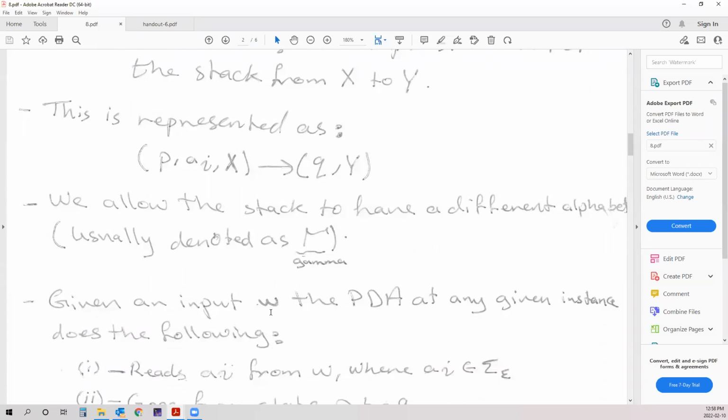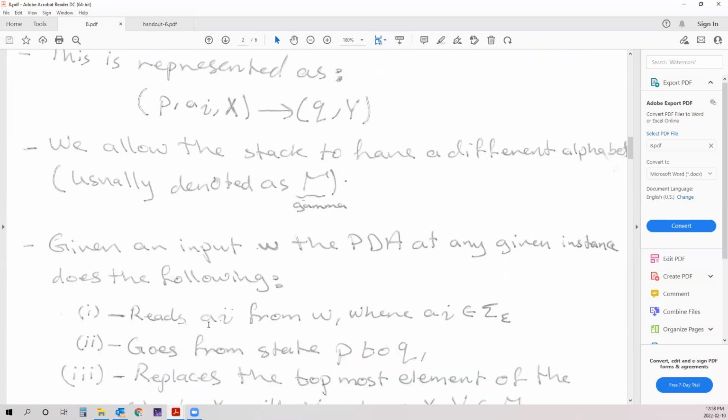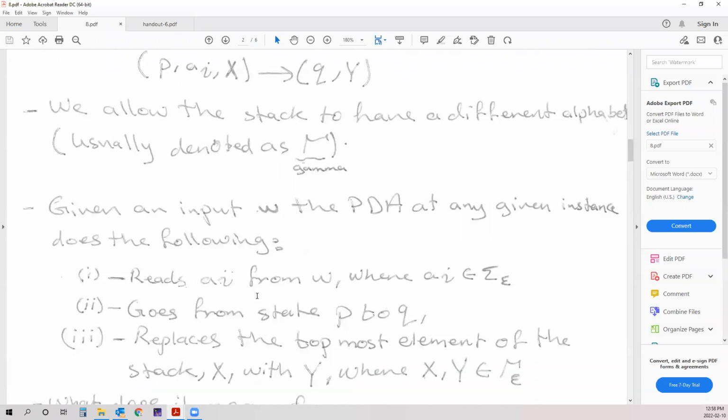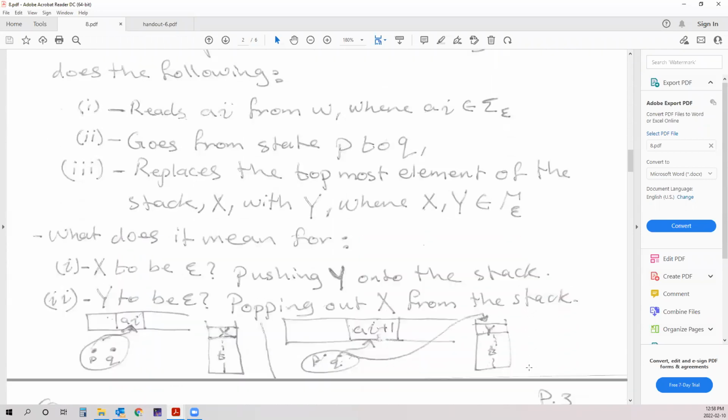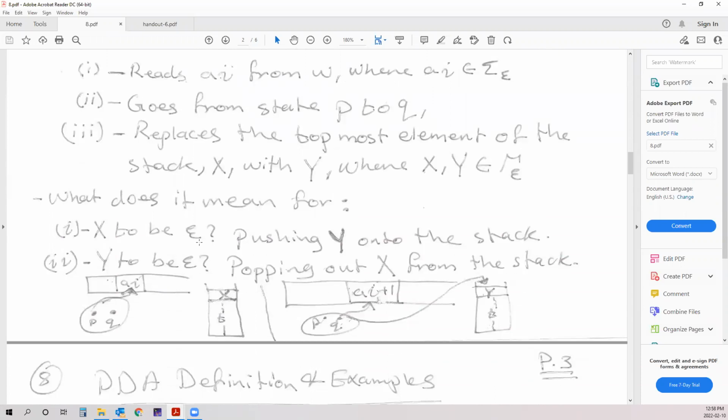Given an input W, the PDA at any given instance does the following: reads Ai from W, where Ai belongs to the alphabet with epsilon, goes from state P to Q, replaces the topmost element of the stack X with Y, where X and Y belong to gamma with epsilon. What does it mean for X to be epsilon? It means pushing Y onto the stack. Y being epsilon means popping X out of the stack.